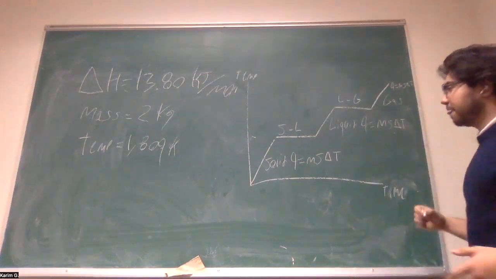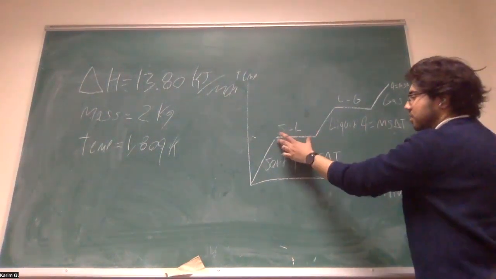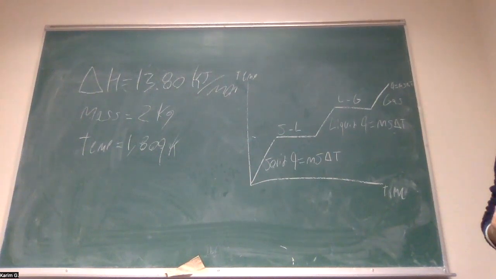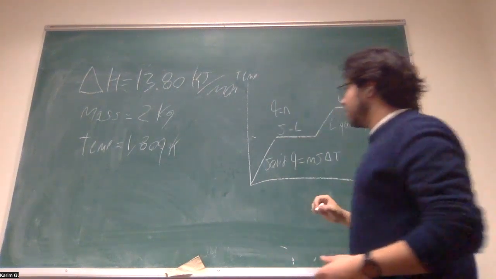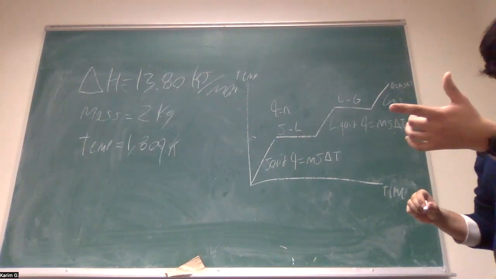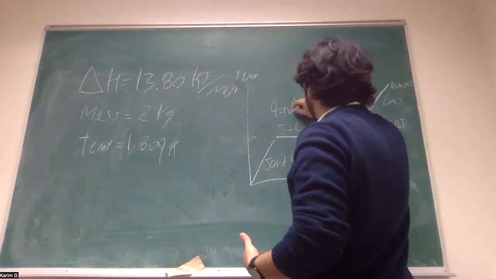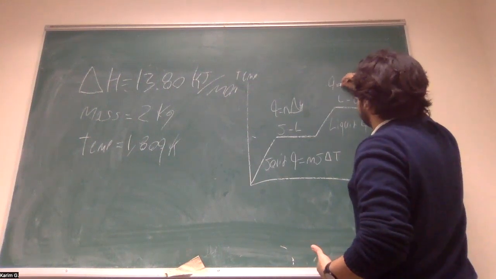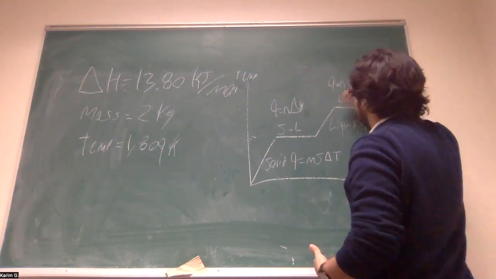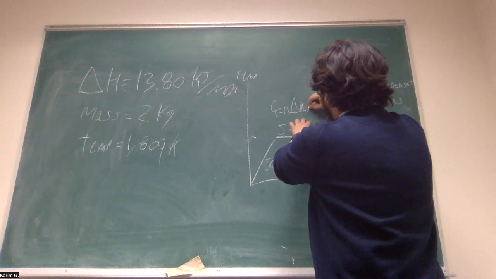Okay. What about these flat surfaces? What's the formula for those? Yeah, Q equals n ΔH, right? So they have different names. This one's heat of fusion.